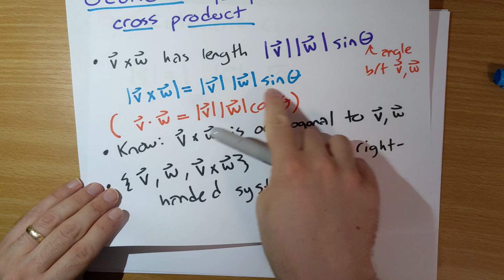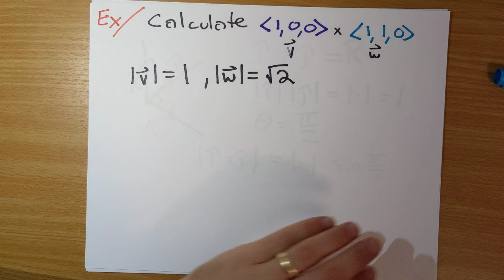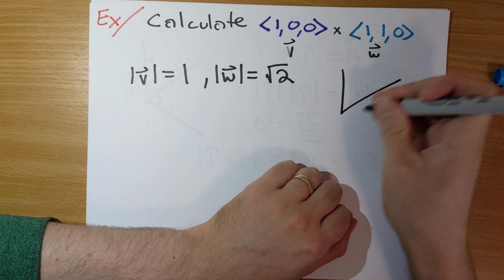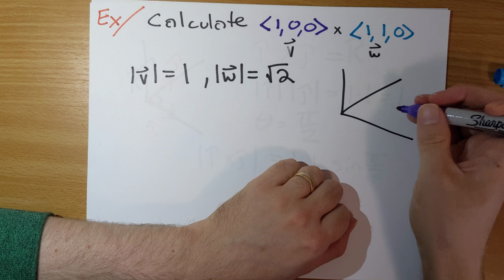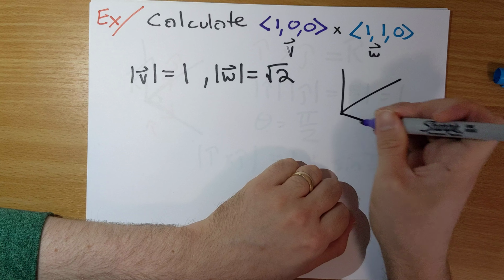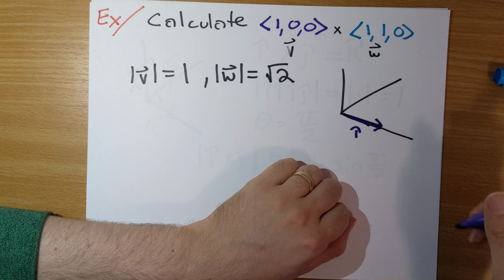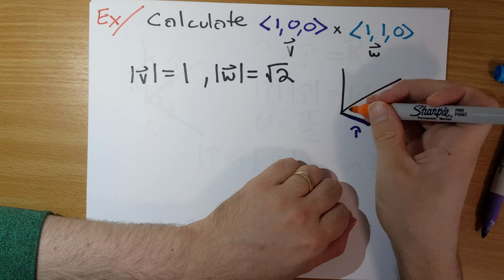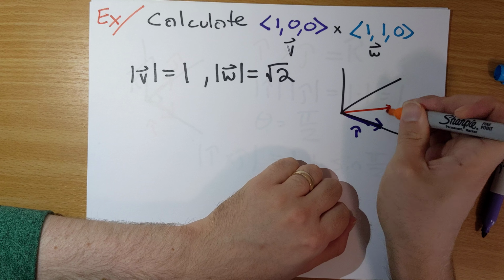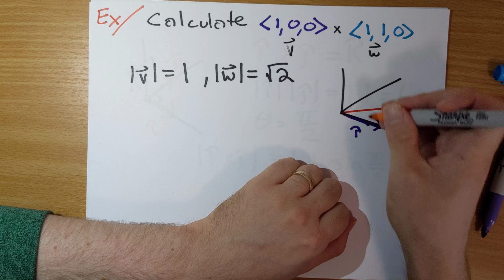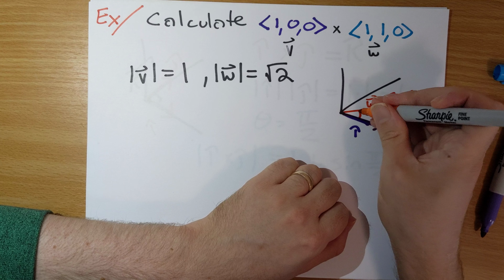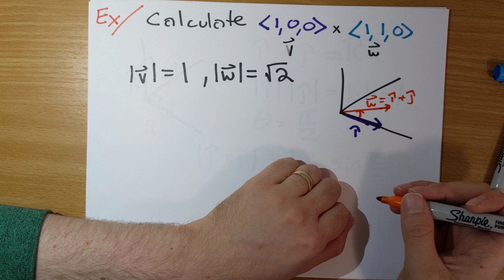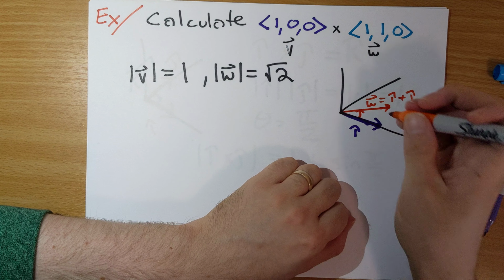Let's draw a picture to find the angle between these vectors here. So our v is I hat here, and w is going off at an angle here. So w is I hat plus j hat. What's the angle between them? 45 degrees, pi over 4 radians.